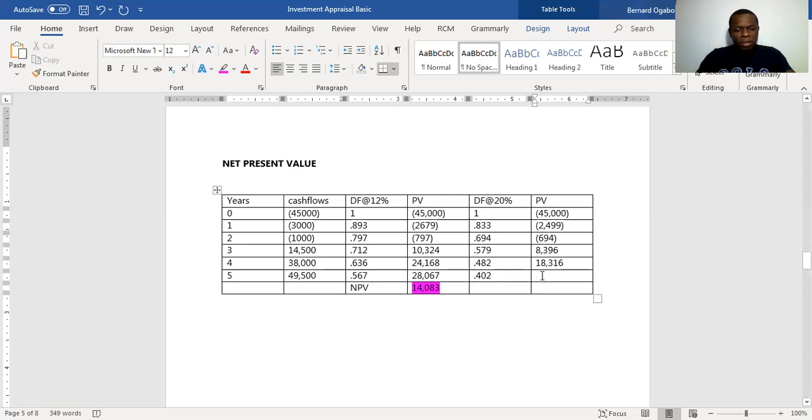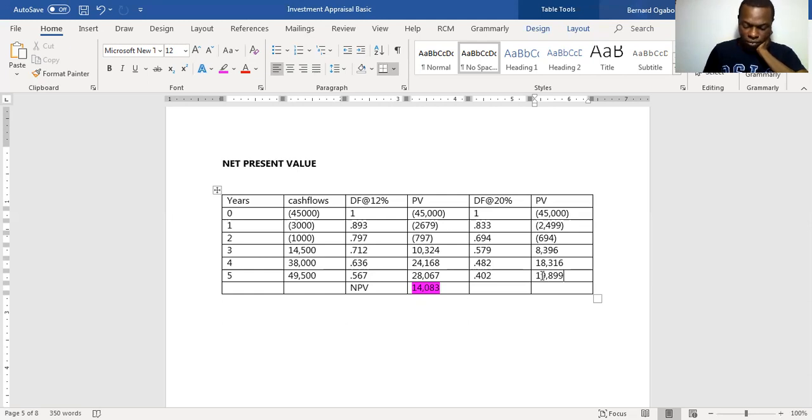Then we have 49,500 multiplied by 0.402. That gives me 19,899. All the positives less all the negatives.